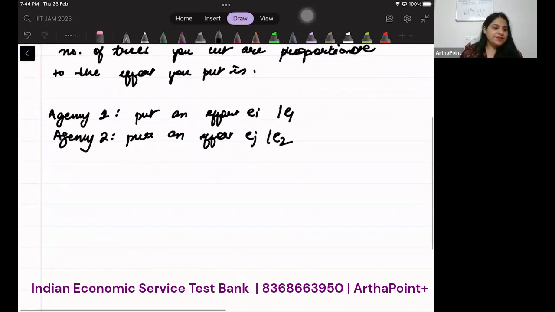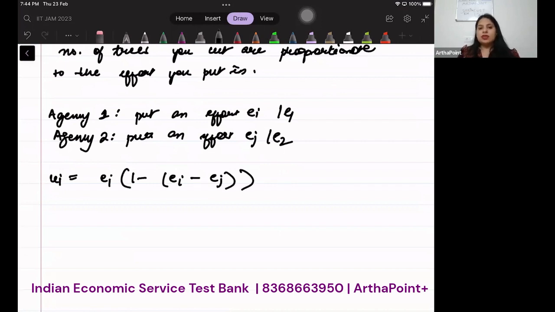Further, it says the utility function of any agency I is EI(1 - EI - EJ). So just think about this. As I increase my effort, I'm going to cut more trees. If I have more trees, it will increase my utility.